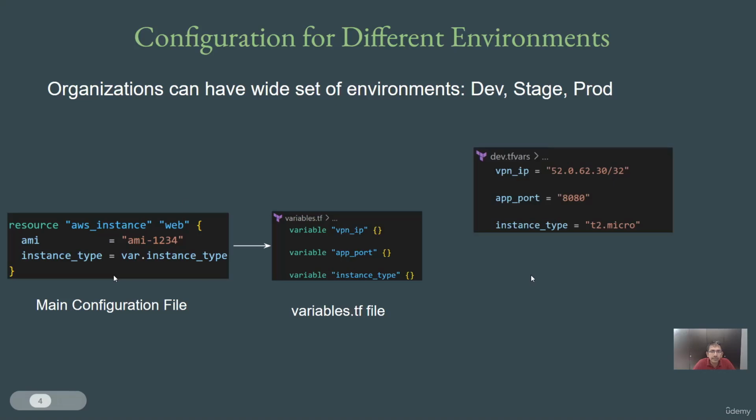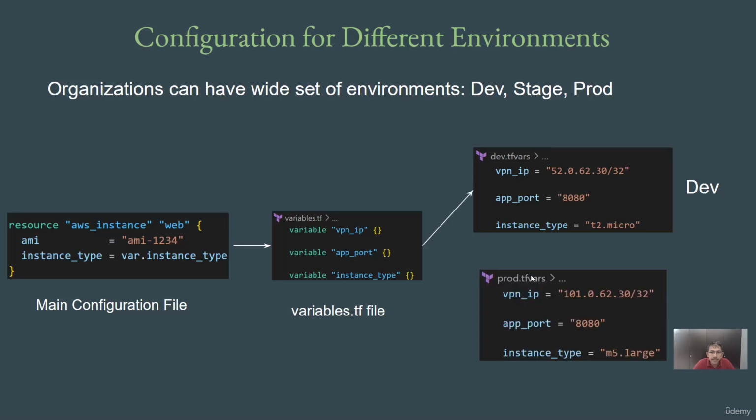Then you will have the tfvars file where you have the values associated with the variables that are defined. In this case, the name of the tfvars file is dev.tfvars. So this is for the dev environment. Similarly, you have one more file called prod.tfvars. Again, you have some values associated with the variables here, and this is for the production environment.